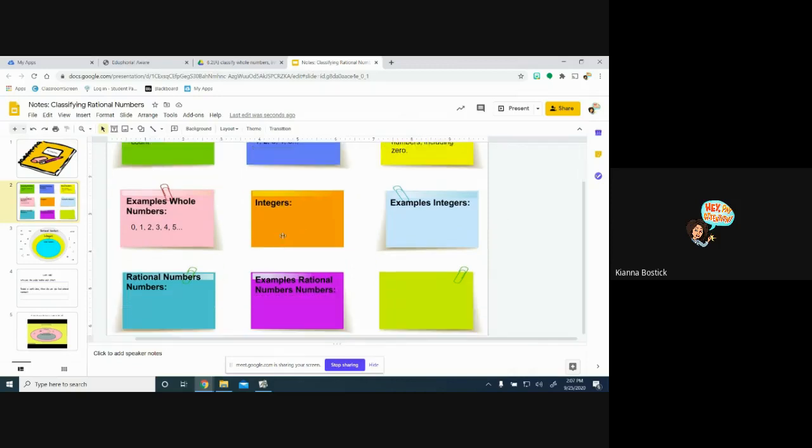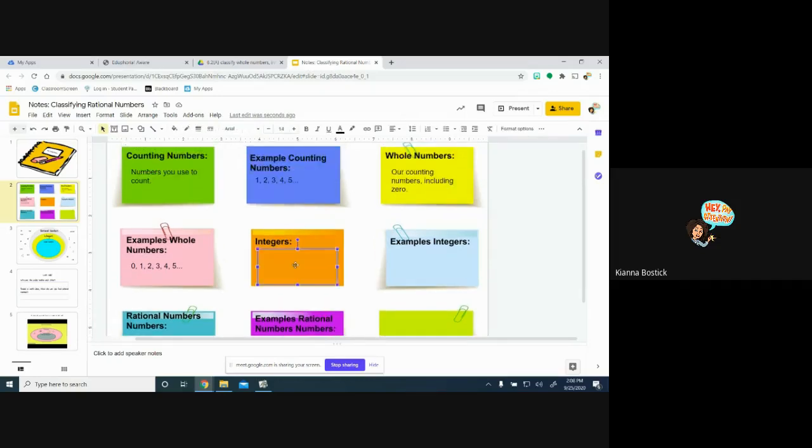Okay, so next we're going to go on to our integers. I think by now we all realize what an integer is. We're going to say that integers are positive or negative, and I spelled it wrong. You guys ever see this little red squiggly line? You can right click to correct your spelling. But integers are positive or negative whole numbers.